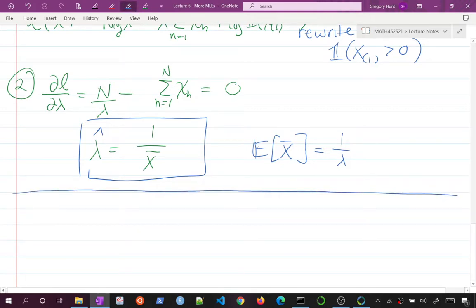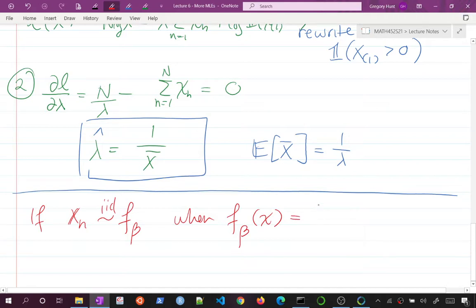The follow-up is that if I had data that followed some distribution parameterized by a parameter beta, so there's another way of parameterizing the exponential family, which is in terms of parameter beta, where it's 1 over beta e to the negative x over beta for x bigger than 0.